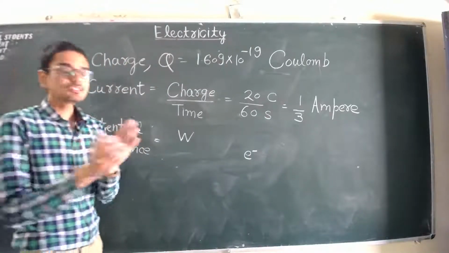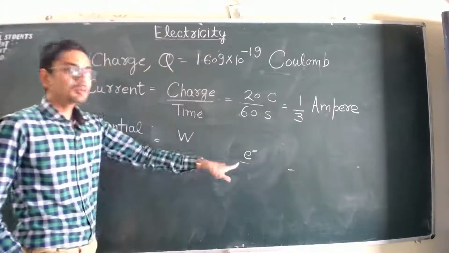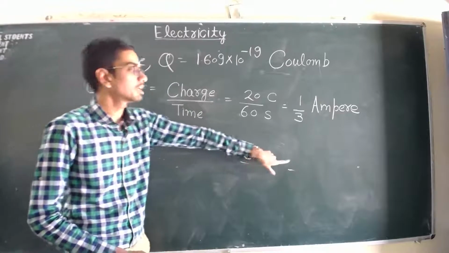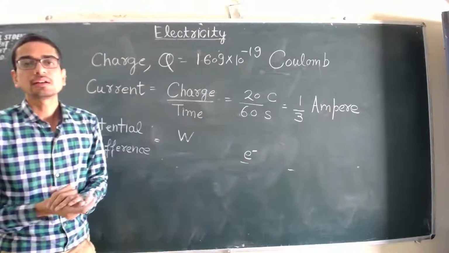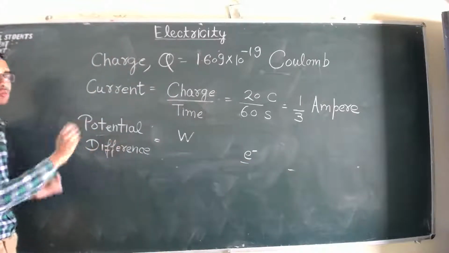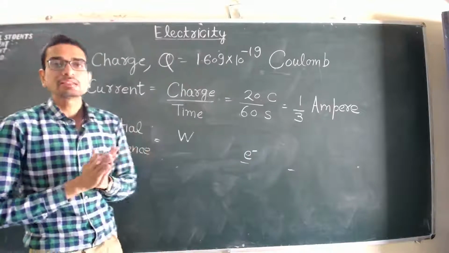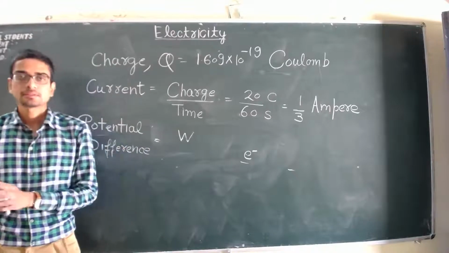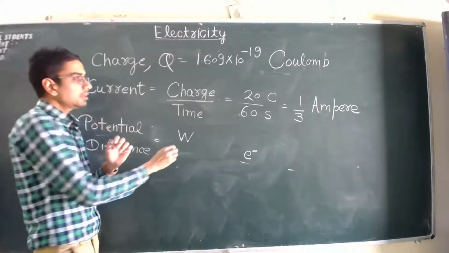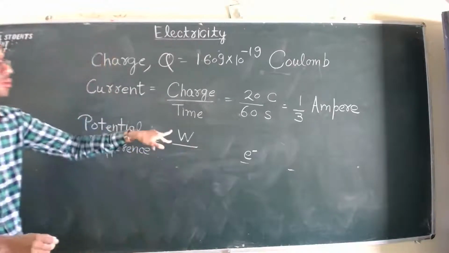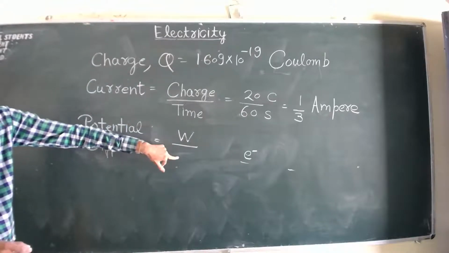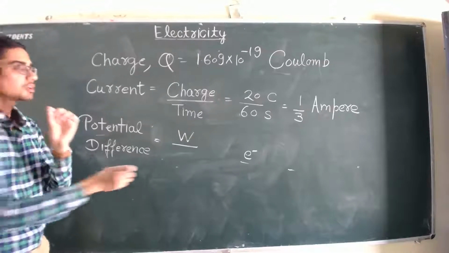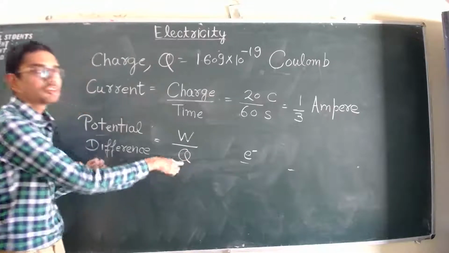What is current? Current is flow of electrons. So एक पॉइंट से दूसरे पॉइंट पे जाने तक एक इलेक्ट्रॉन जब मूव करता है तो जितना वर्क होता है, that is potential difference. So potential difference is the work done in moving a charge from one point to another. In mathematical expressions, you can say work done in moving unit charge. So unit आ गया, it means charge is denominator.